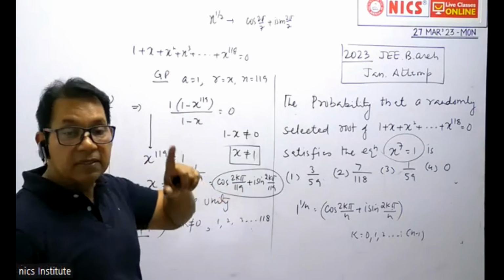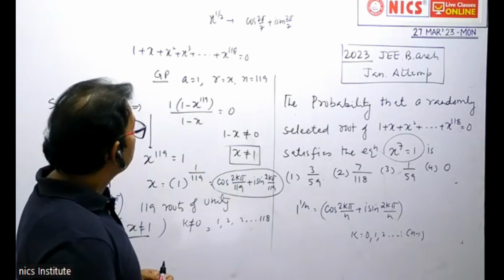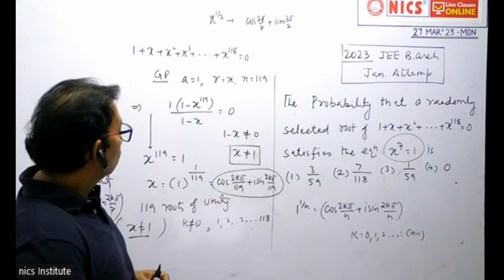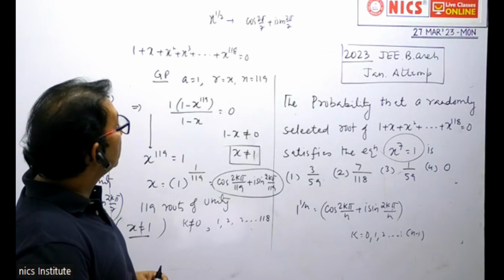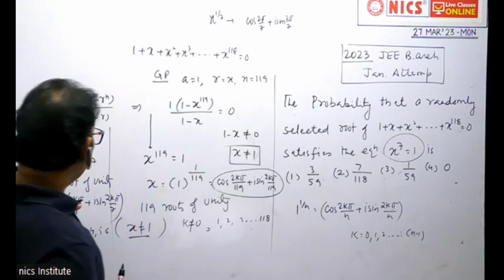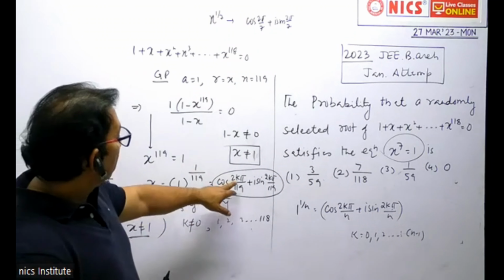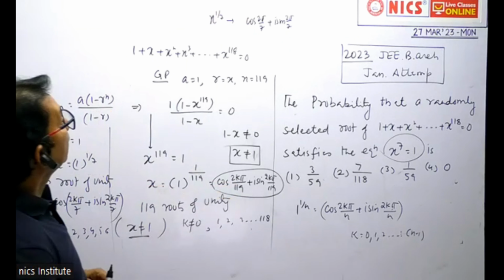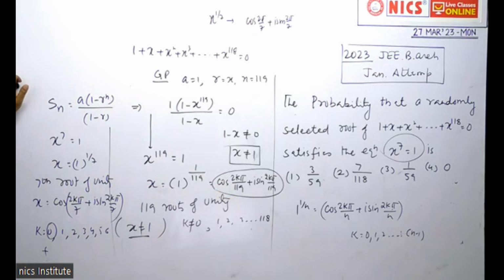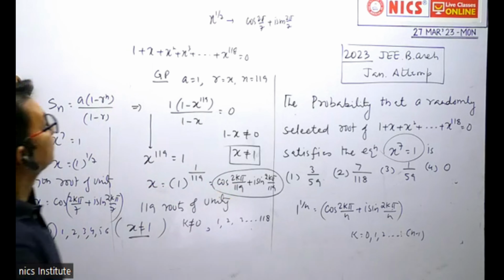Because 119 is divisible by 17, right? 119 is divisible by 17. So when k is 1 over here, I can take k as 17, isn't it?